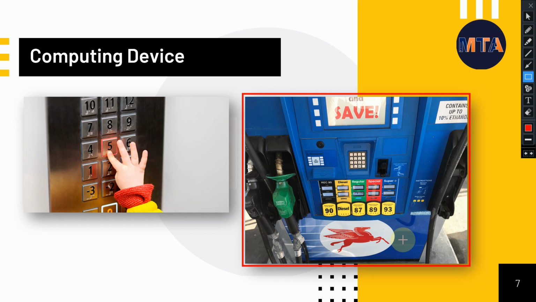They have a specific system they are using. While you're entering $50 or $100, the process will start from 0 up to $100, as much as the customer wants, and this is called a computing device.